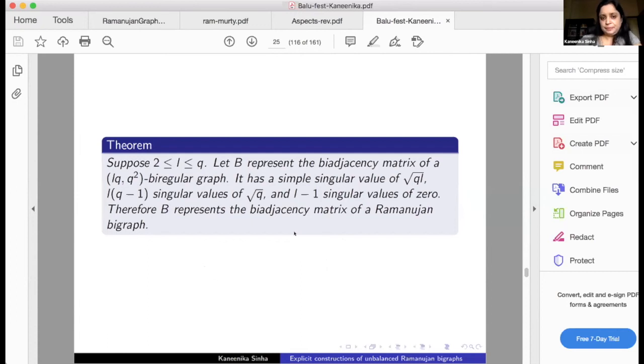It can be shown by some work that it has a simple singular value of root QL, and all the singular values other than root QL are just root Q with a multiplicity of L times Q minus 1 and 0 with the multiplicity of L minus 1. And therefore, B represents the biadjacency matrix of a Ramanujan bigraph.